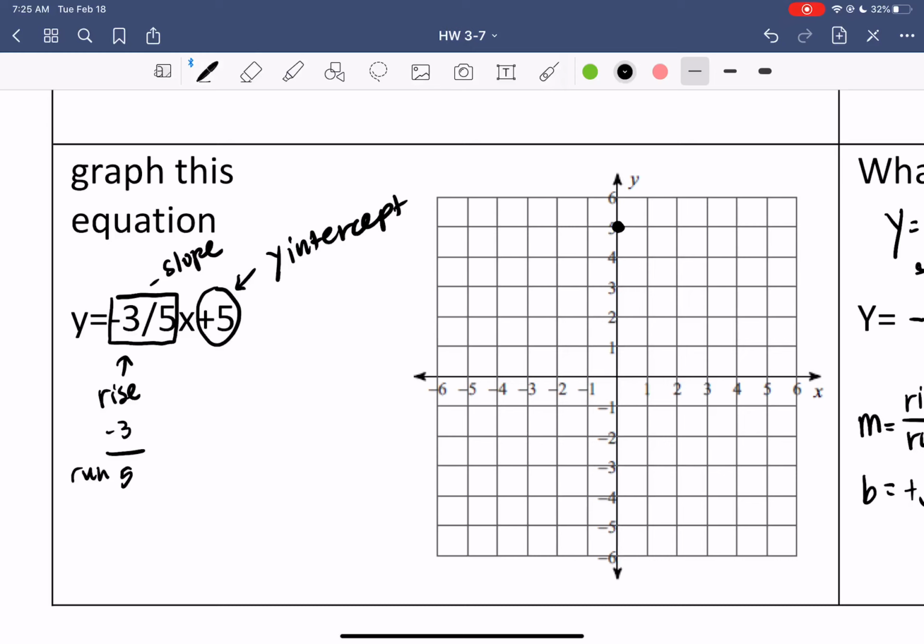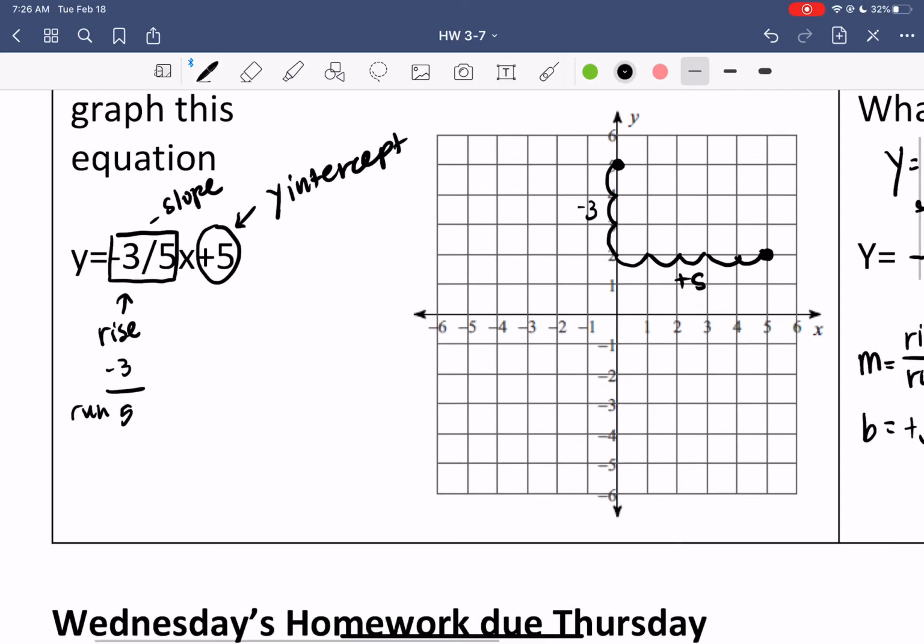But since I can't go up 3, I can go down 3. 1, 2, 3. That's my -3. And then I'm going to go plus 5. 1, 2, 3, 4, 5. Of course, I could have gone up and to the left, and that would have also been the same way to graph it. And then you'll want to draw your line through it like that.